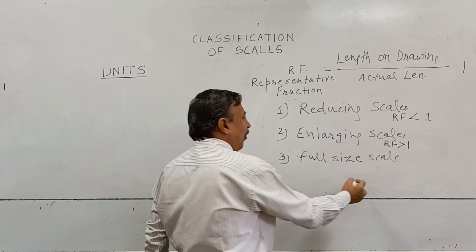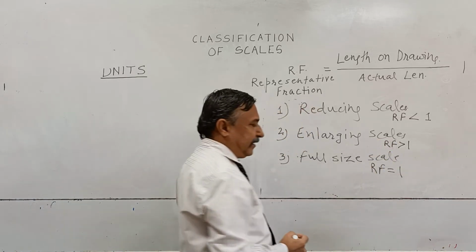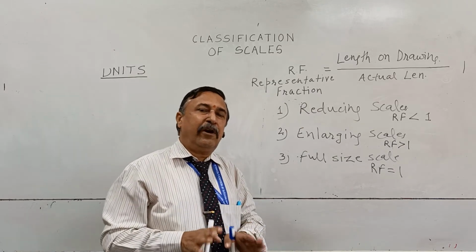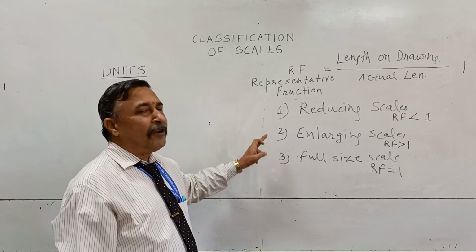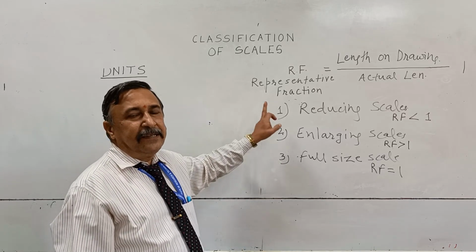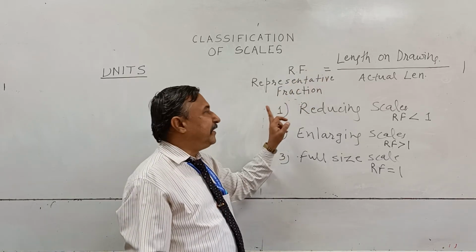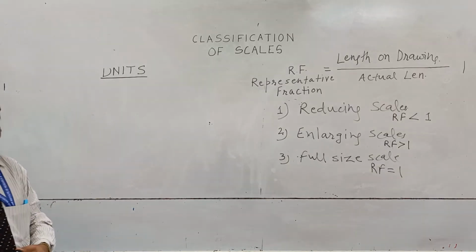The RF of full size scale is 1. It means whatever the length of the object, we have to draw that length only. So these three types of scales are used, and this is the classification of scale on the basis of RF. Remember this thing.